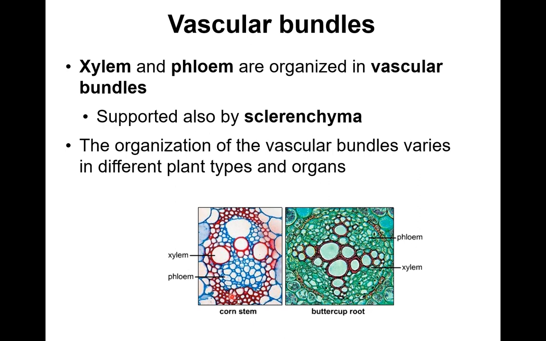Now, this is a vascular bundle you can see in a cross section of a stem of corn, for example, and this is the one you would see in a cross section of a root of buttercup here.